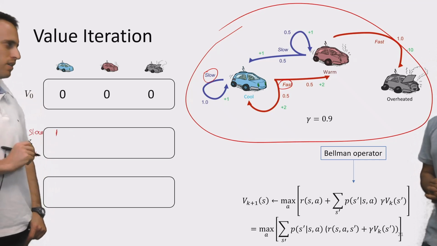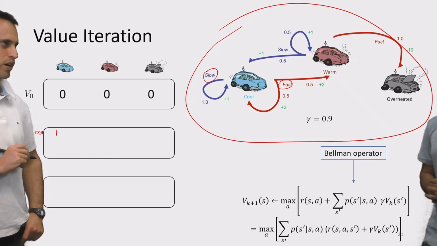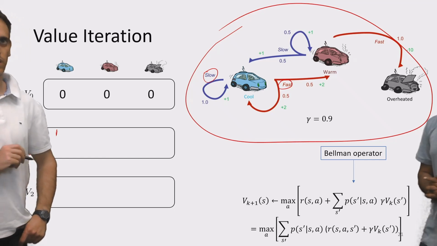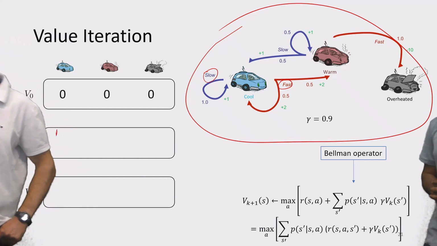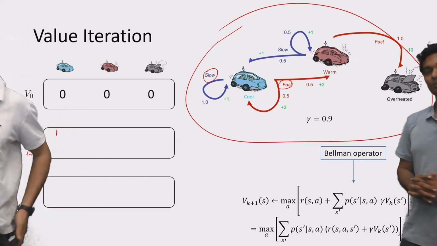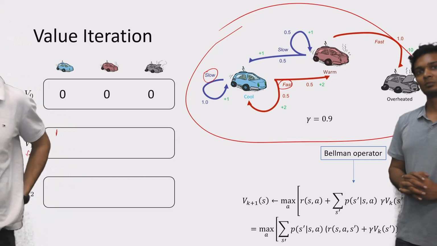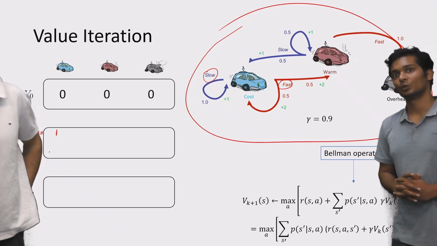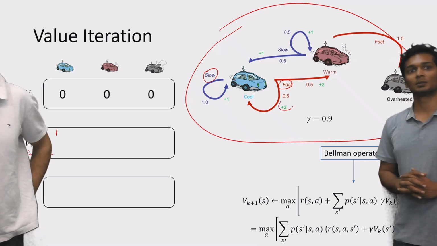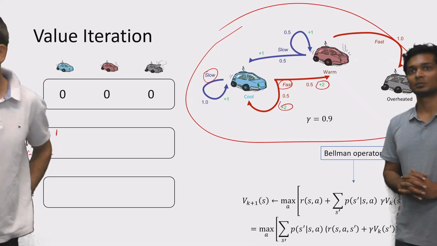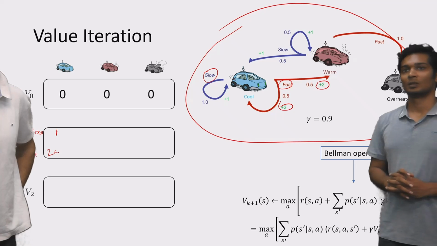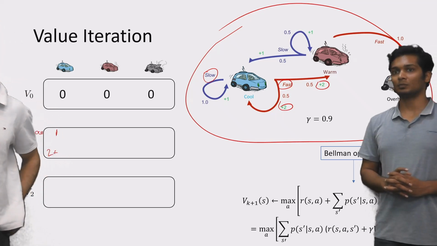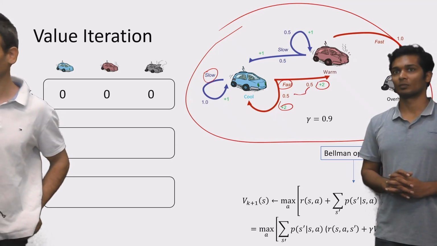Well, not exactly. We need to do the same computation for action fast, and then we'll take the maximum between the two. So what will happen if we take action fast? The immediate reward is 2, plus, now we have two different states that we can arrive at, each with a probability of 0.5.